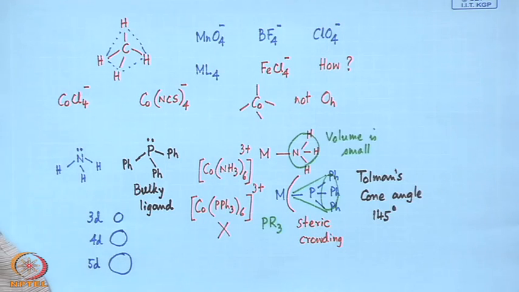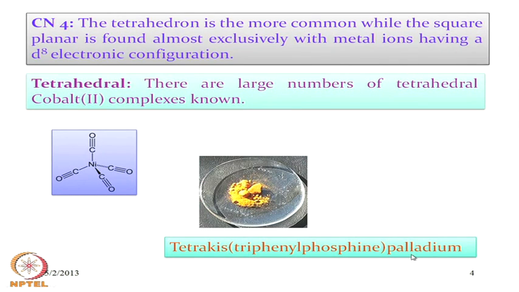So, one such example is for palladium. When we attach these phosphine ligands, the oxidation state we can have is +2, +4 or 0.